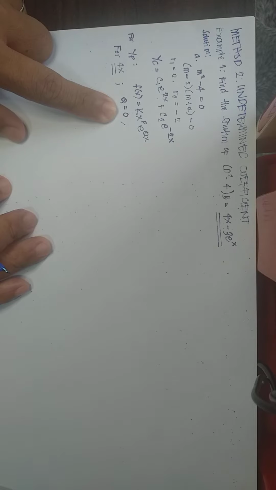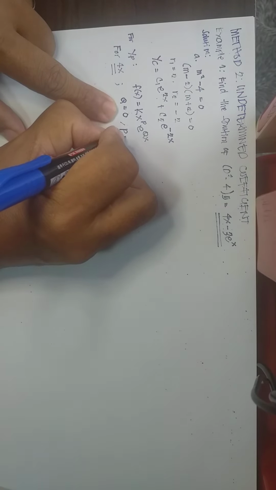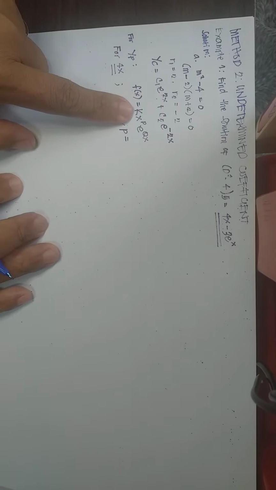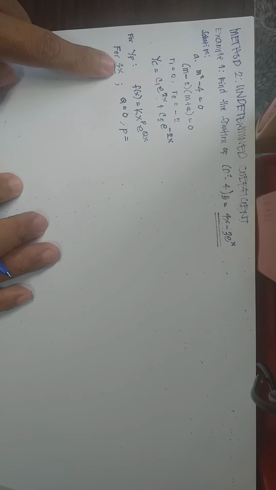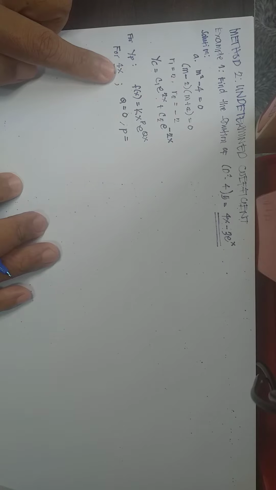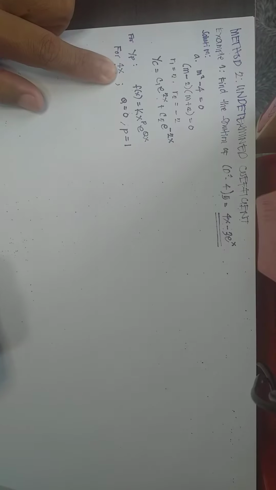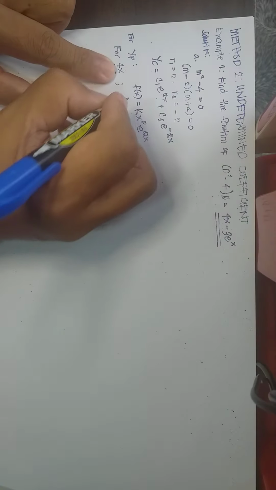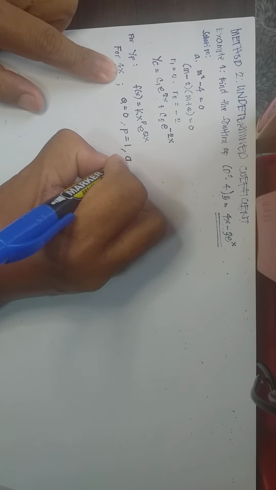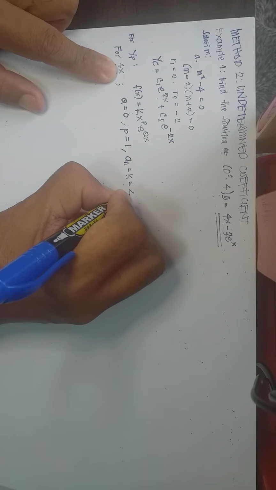Now, how about the value of p? kx raised to p, 4x. 4 is k, x is x raised to p. Therefore, your p is 1. And your k is equivalent to 4.